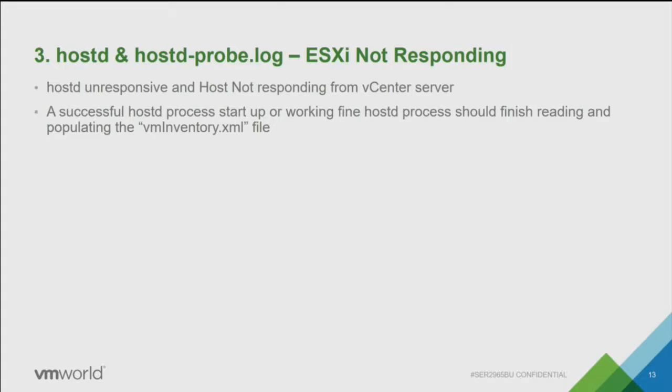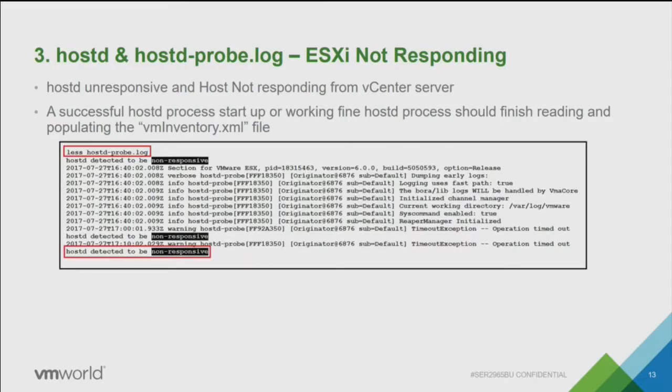Let's assume I initiated a host client connect to the host and the host did not even connect. It says failed. So what do we do next? There is a file called hostprobe.log in your var log location. The duty of this probe daemon is to query the hostd process and to validate if hostd is up and running or not.